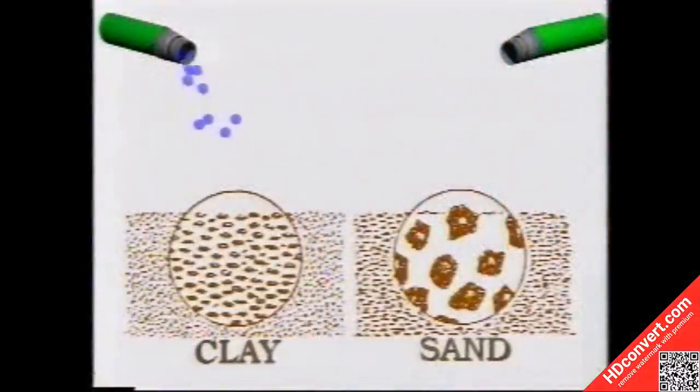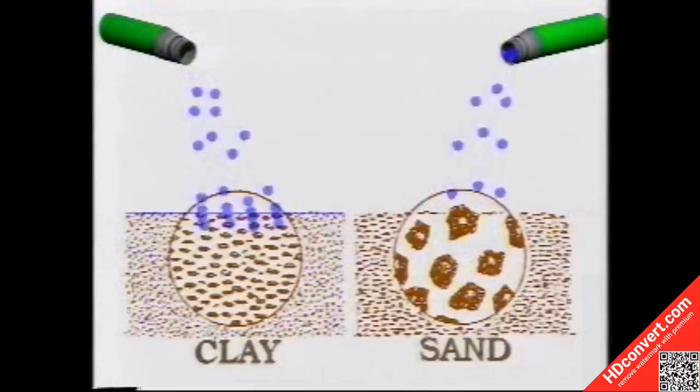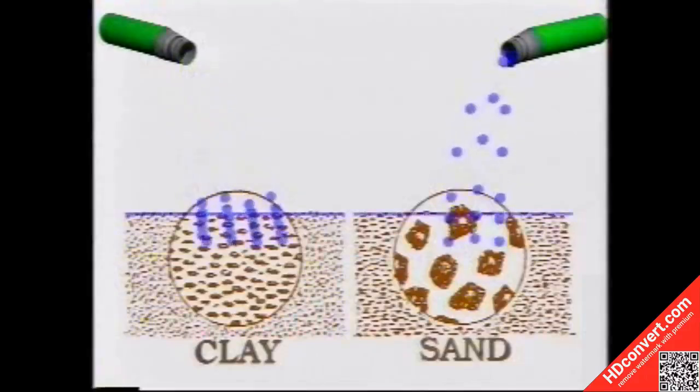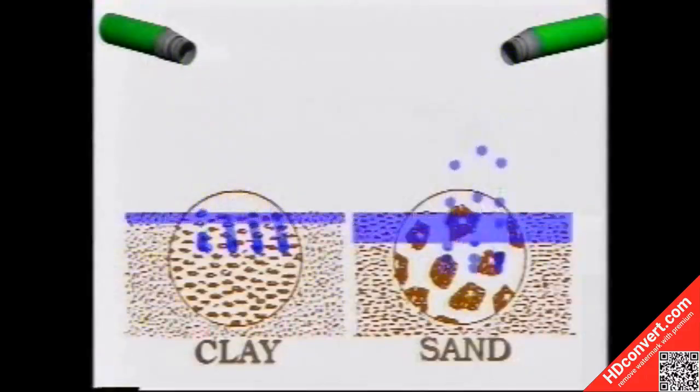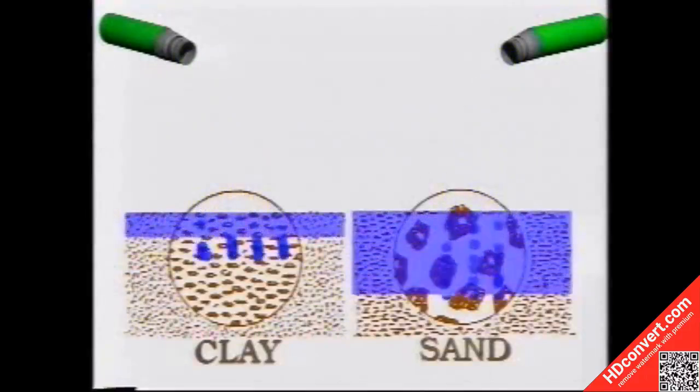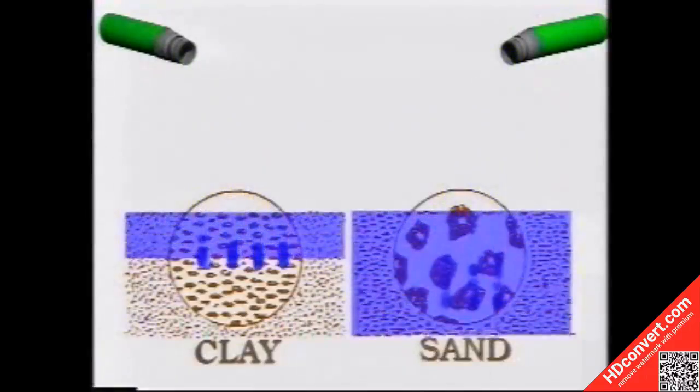Now, in contrast, if you have a sandy soil, the particles are big. If you look at them on a scale that we would understand, they'd almost look like boulders compared to little pieces of dust. And because the particles are big, the spaces between them are also big.